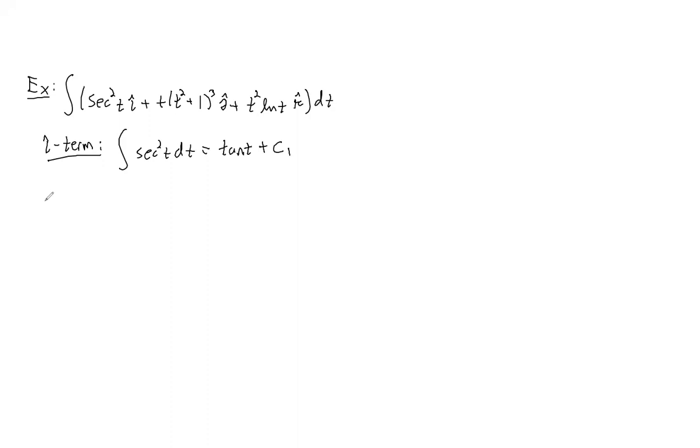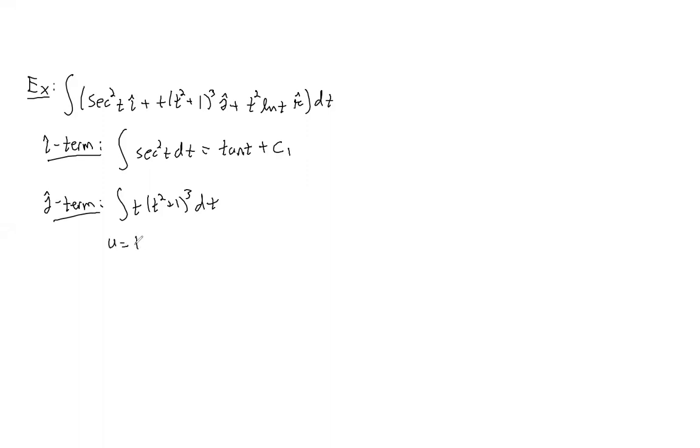The j term. Now, this is the integral of t times t squared plus 1 cubed dt. Now, you can pull apart all the algebra and expand that and then just do the anti-power rule again and again. But I think it's easier in this case to hit that with u substitution.